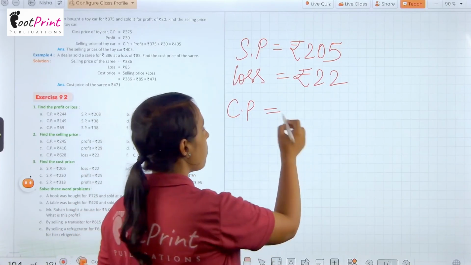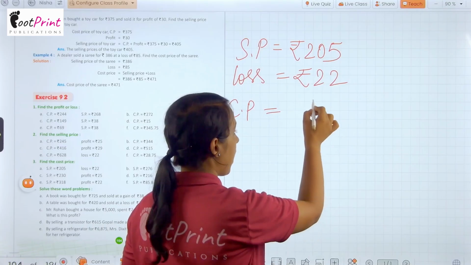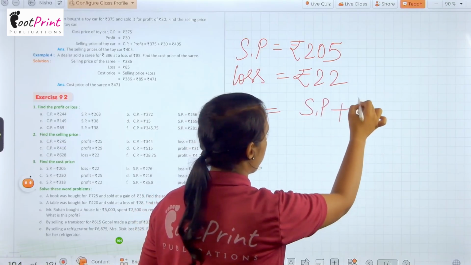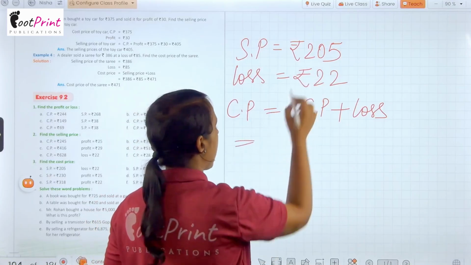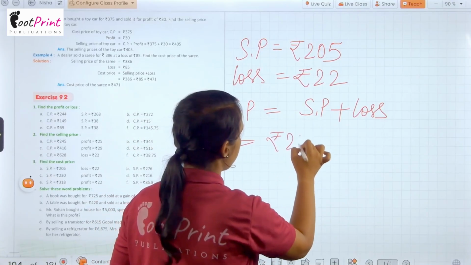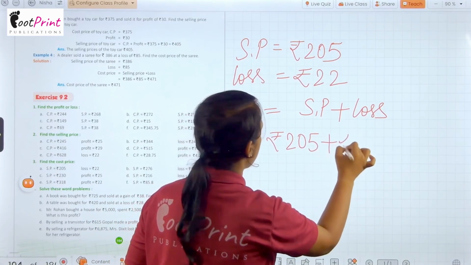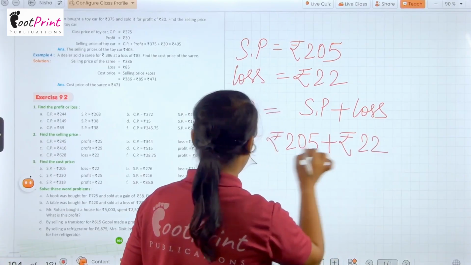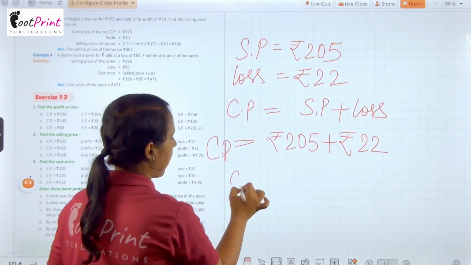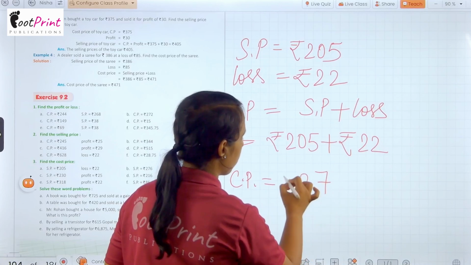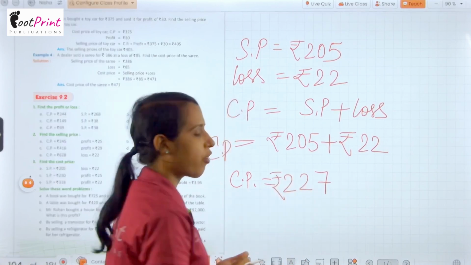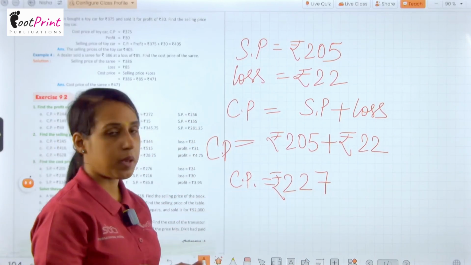So what do we do to find out CP? SP plus loss. And after adding that, SP is 205 plus loss is 22. Okay, this is our CP, and after adding that, we get the answer here, 227 rupees is our CP.